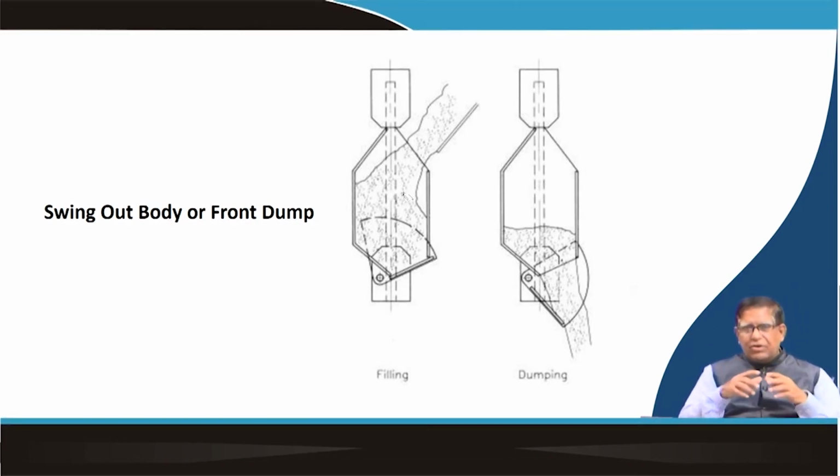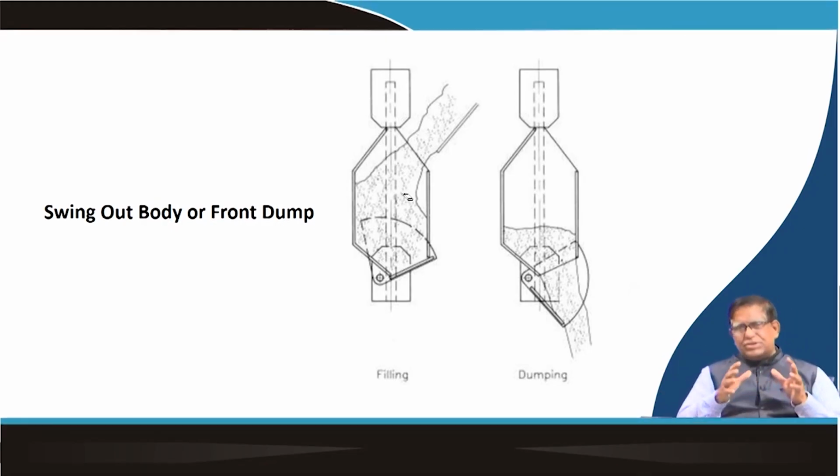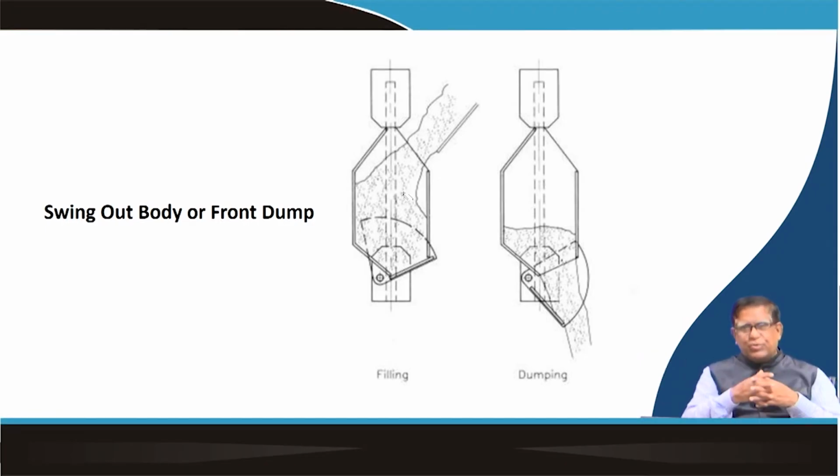So, if your mine is to produce 300 ton per shift, then to carry 300 ton with those 2 ton capacity cars, a large number of mine cars will have to be accommodated inside the gallery, and then from the face you will have to transport. And then some of the mine cars will always be at the top, and that is why the total number of mine cars required will be much more.